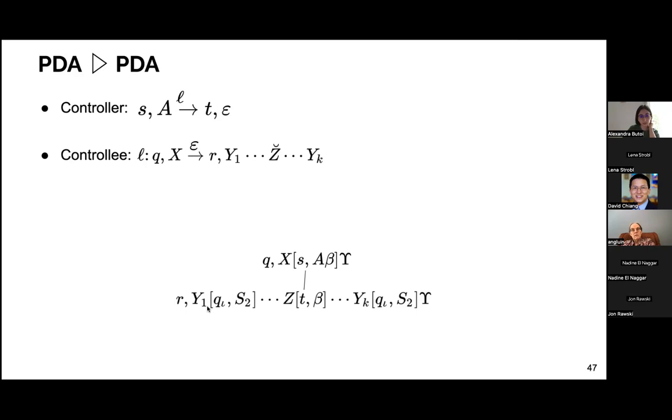Each of the non-distinguished ones gets augmented with the initial configuration of the controller. The distinguished symbol gets augmented with the new controller state and the new controller stack sequence, which are T, beta in this case, and the rest of the stack gets attached at the end.